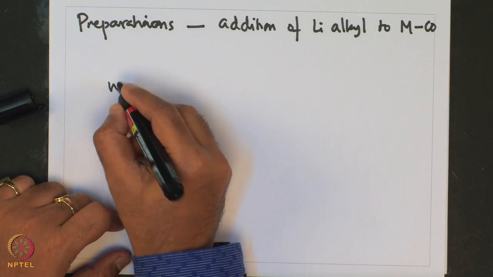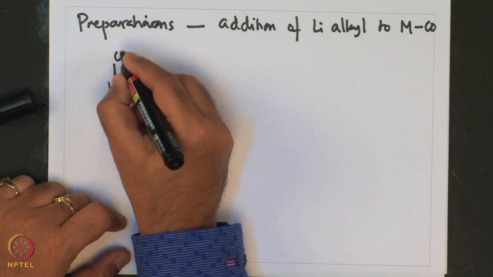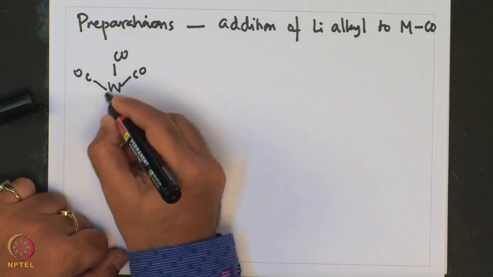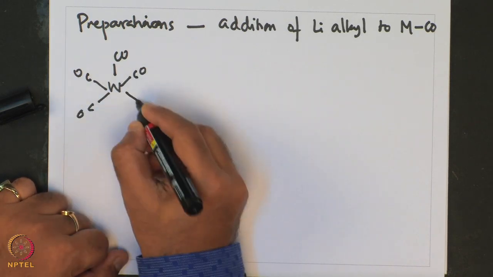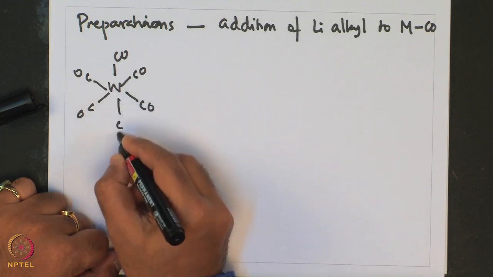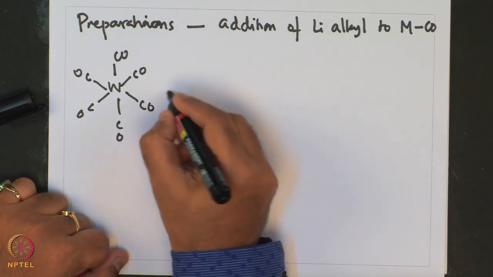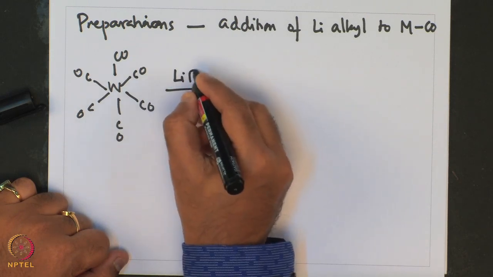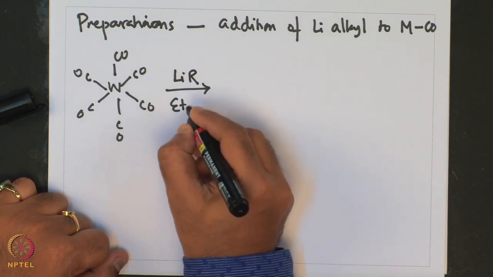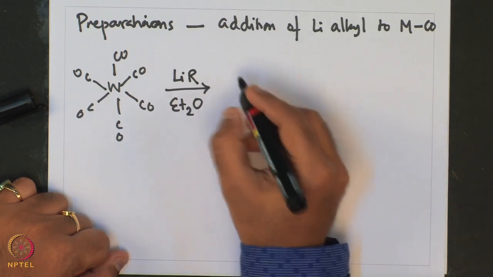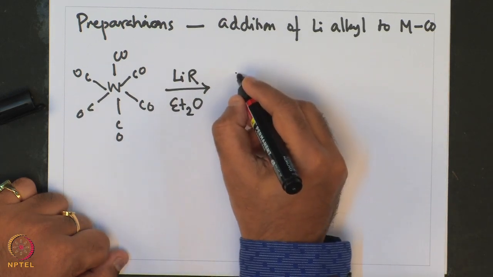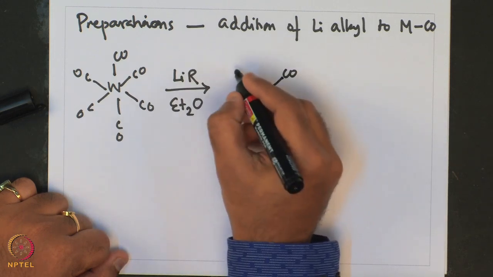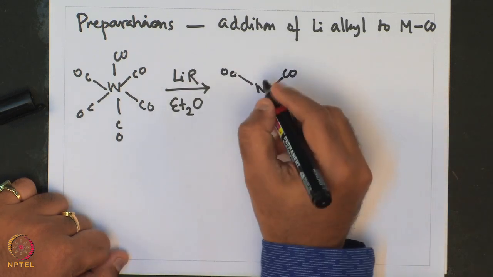Specifically, the reaction of tungsten hexacarbonyl with lithium alkyl in diethyl ether gave the following compound.